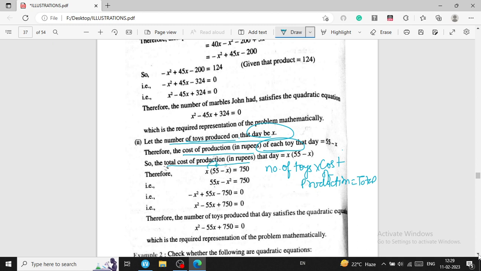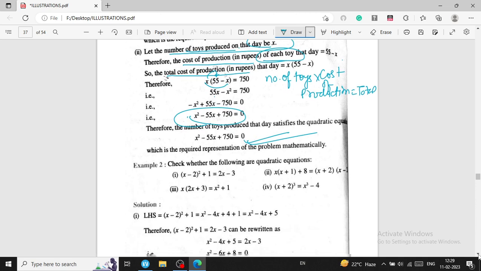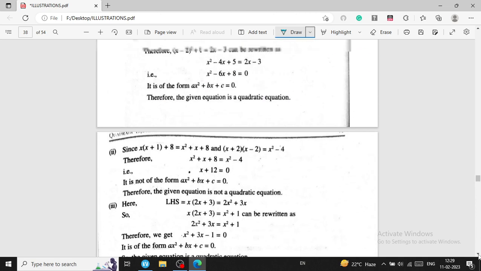Multiply: 55x minus x square is equal to 750, so minus x square plus 55x minus 750. You can use the factorization method here, or you can leave the equation as it is, because we have to convert it only into standard form. Represent the problem mathematically.